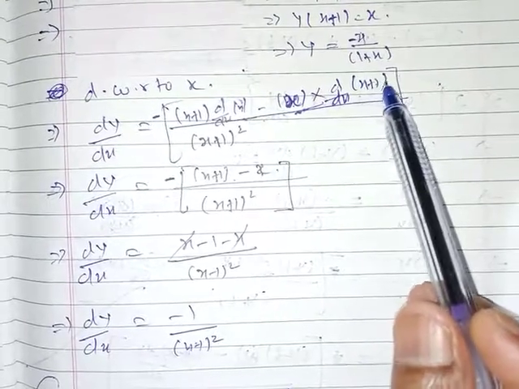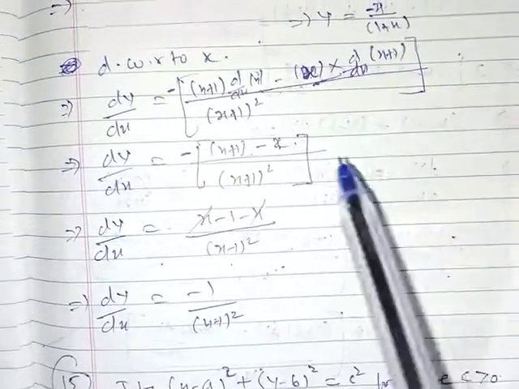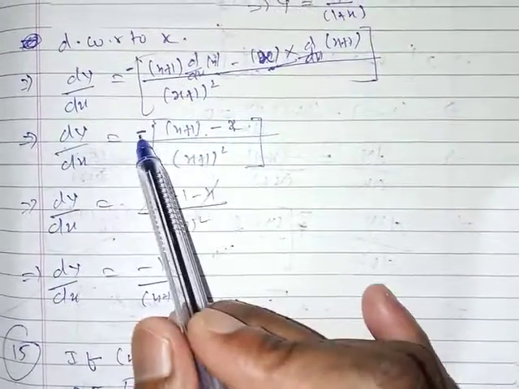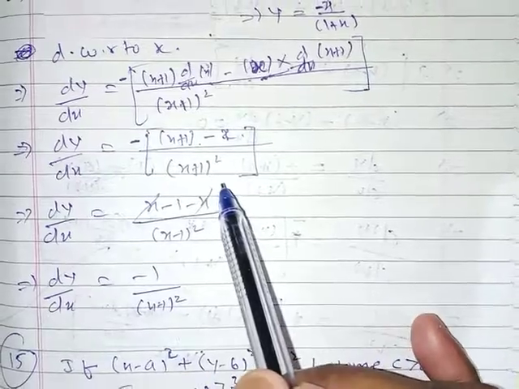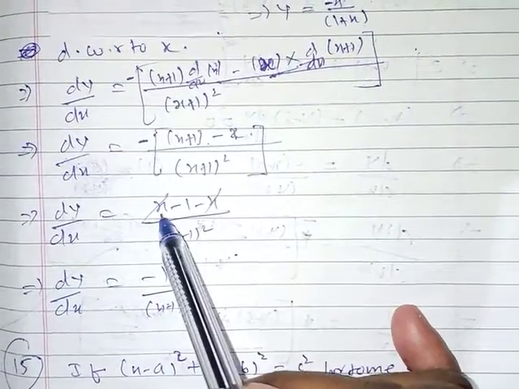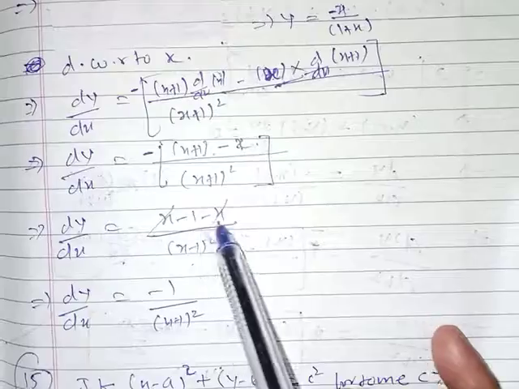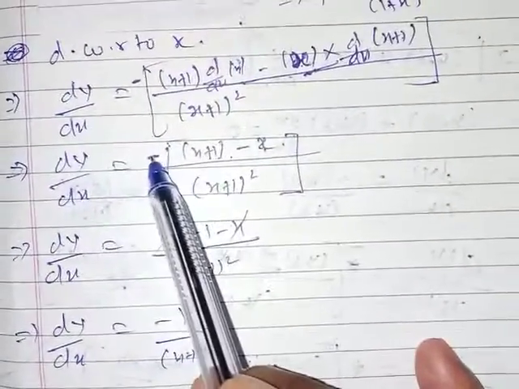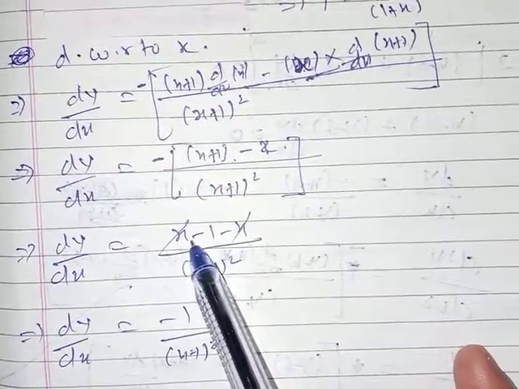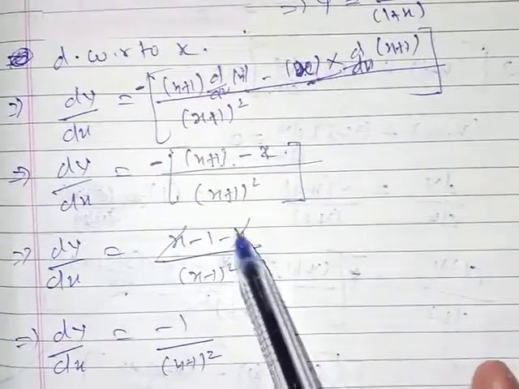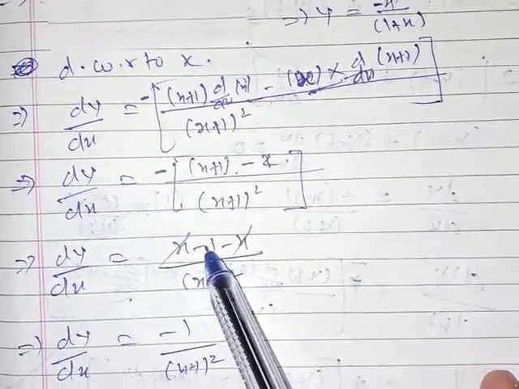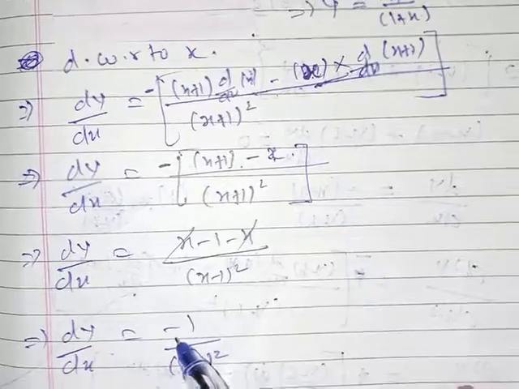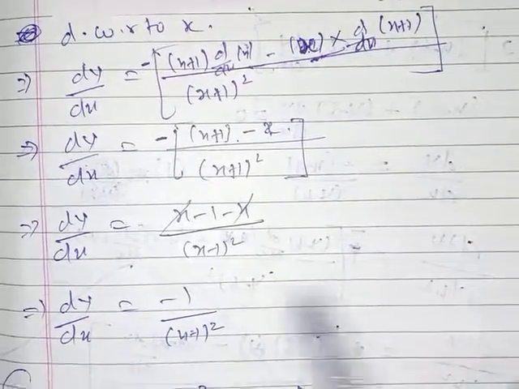If you open the bracket, minus into minus becomes plus, this opens as minus x, this as minus 1. So minus x cancels out, and you will get dy by dx is equal to minus 1 upon (x plus 1) whole square.